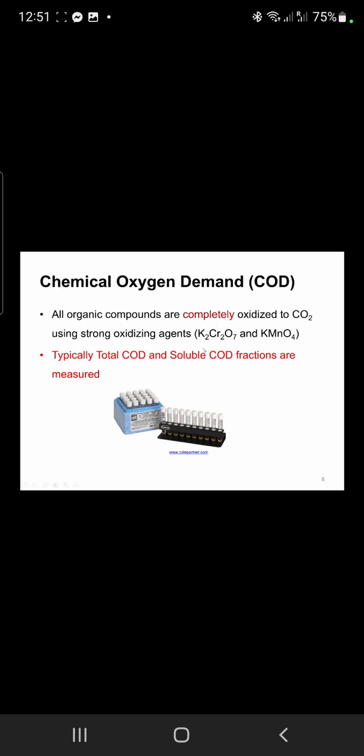You can simply use chromate or permanganate to completely oxidize those organics, but it takes about 2 to 3 hours, 2 hours of digestion time, and then you have to let it cool, and then put it in the spectrophotometer to get the COD reading of that organic compound. So analytically, assuming you don't know anything about your waste sample, this is a really good tool to use.